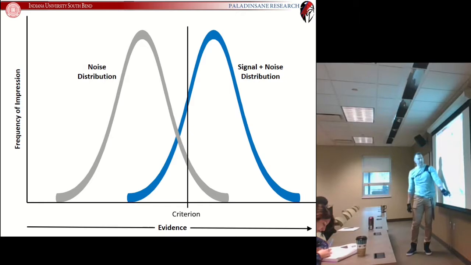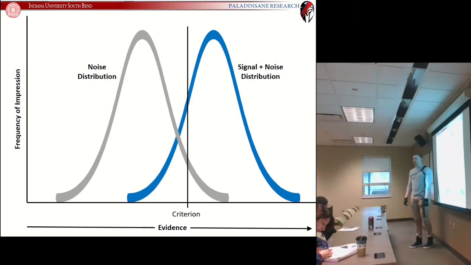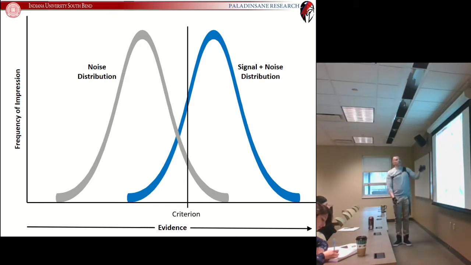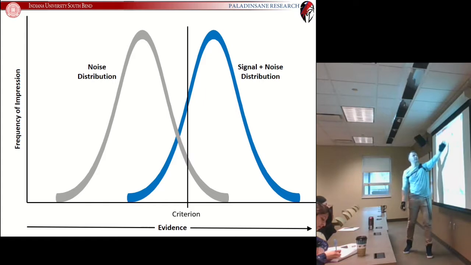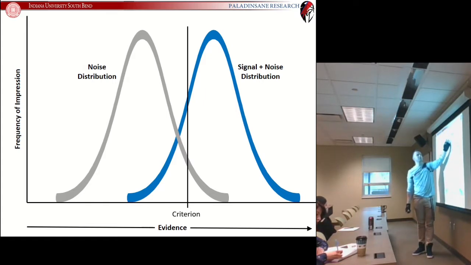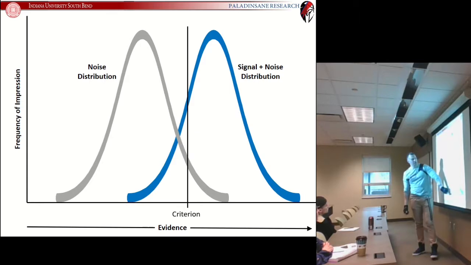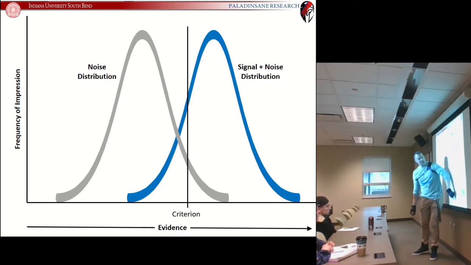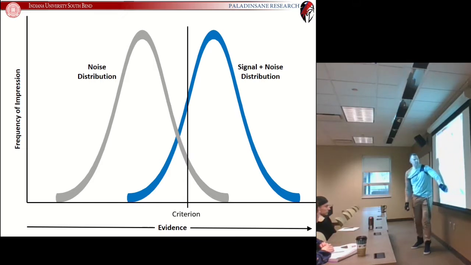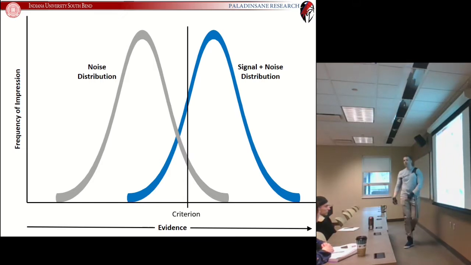And below that, we're going to say, nope, nothing was there, there was no sound present. So we split our evidence with this criterion level: on this side of the criterion, we say yes, the signal was there, and on this side, we say no, there was no signal present.